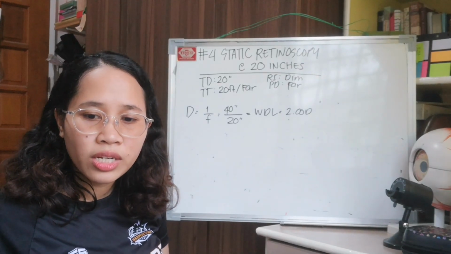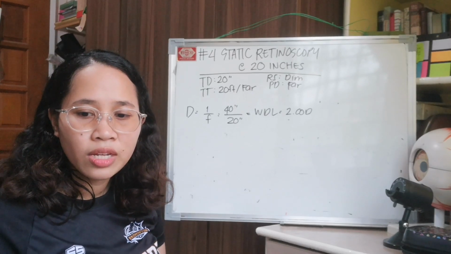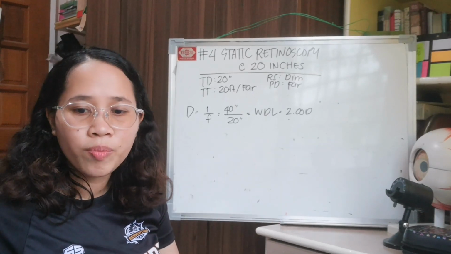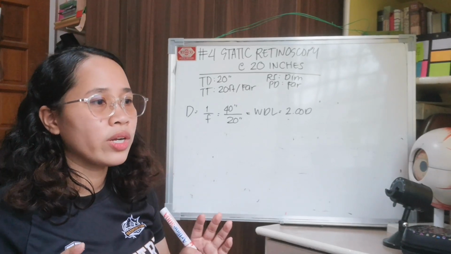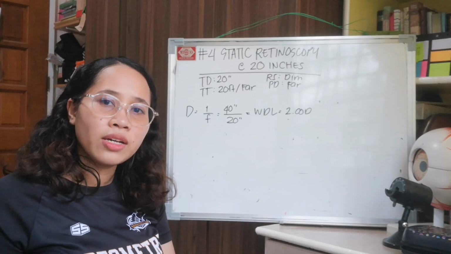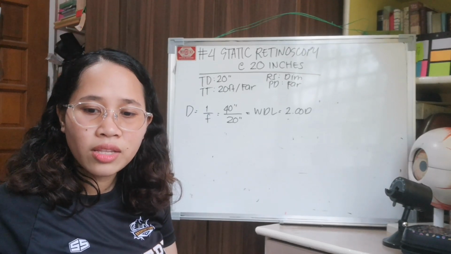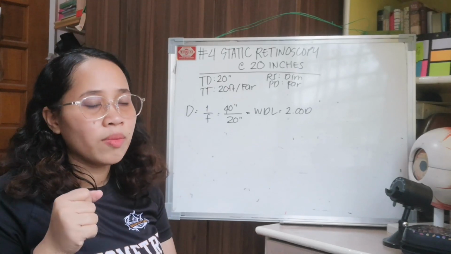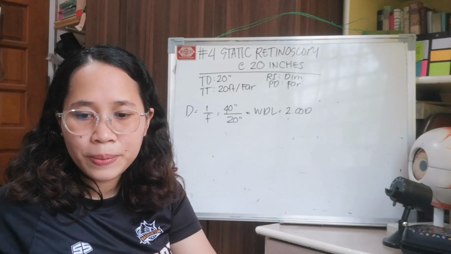So the procedure is, the patient removes his correction. You have to disinfect the phoropter, adjust the PD, and make sure that you are not obstructing the patient's fixation. And the examiner's right eye examines the patient's right eye, or vice versa.